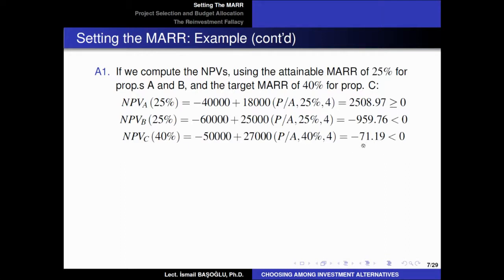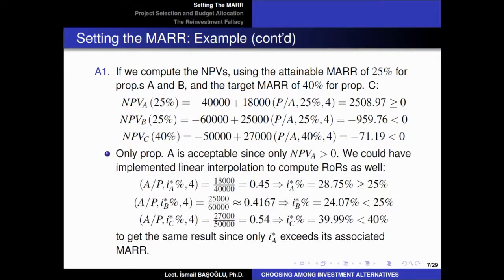It is negative, but that amount is a very small amount. If you compare it with the initial investment size, which is $50,000, $71 is nothing special. So even though the net present value is negative here, we may still think about investing in this project C.